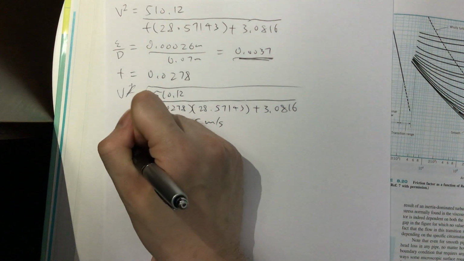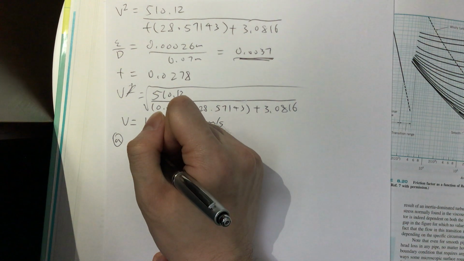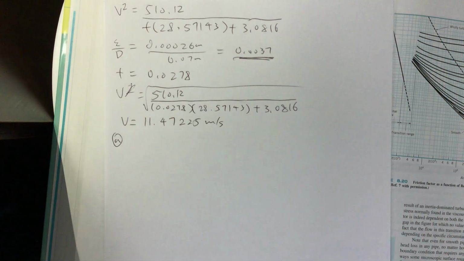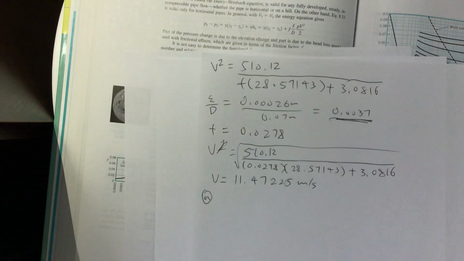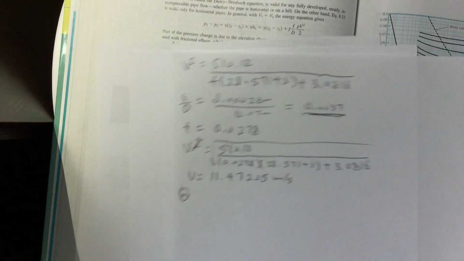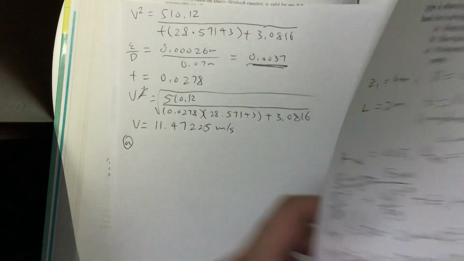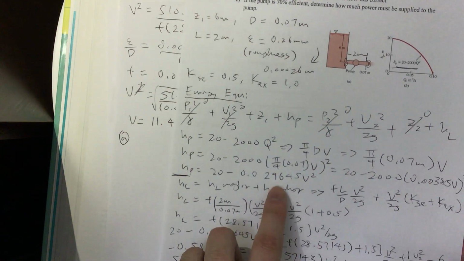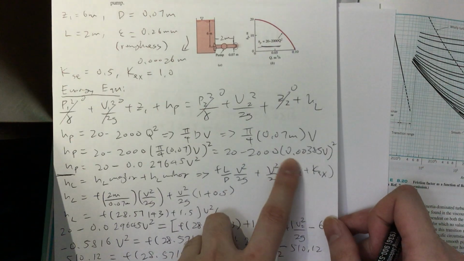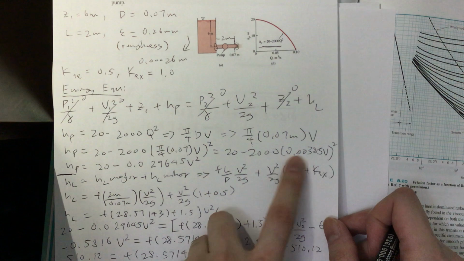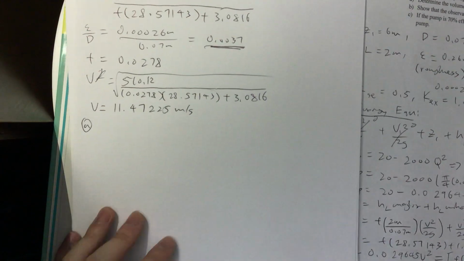So we got the V, and now we can go on and solve A, B, and C. Let's start with A, our volumetric flow rate, which was Q. If you look back to our previous notes, right here, 0.00385 V. That's our volumetric flow rate. Write that down.